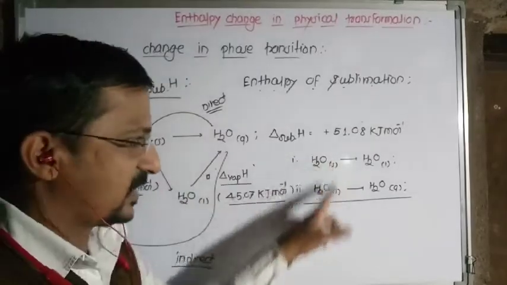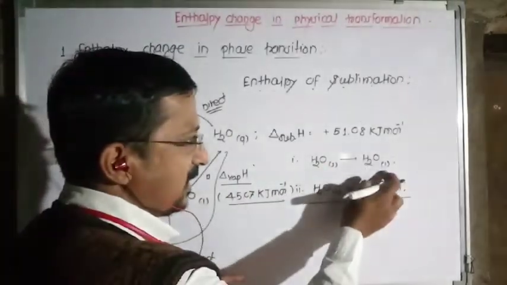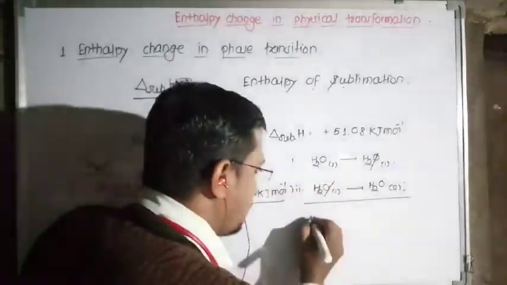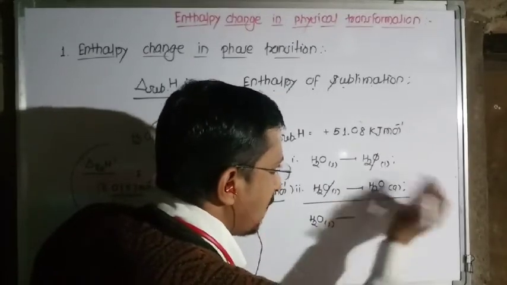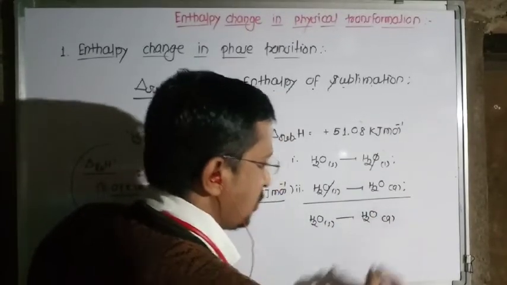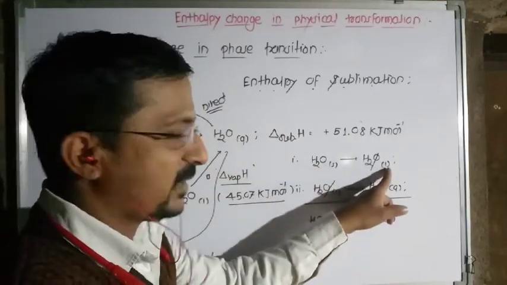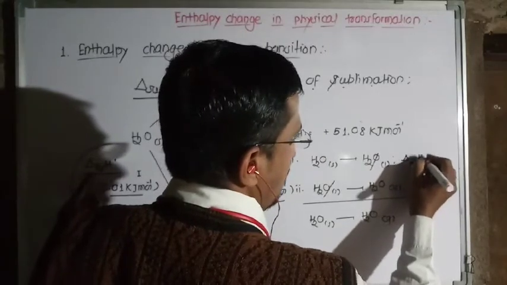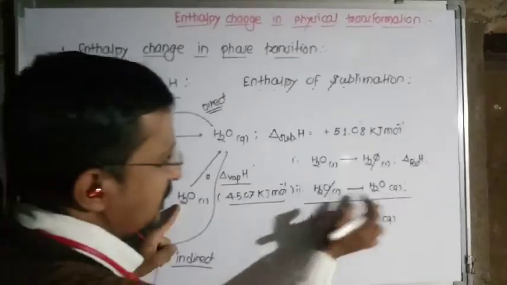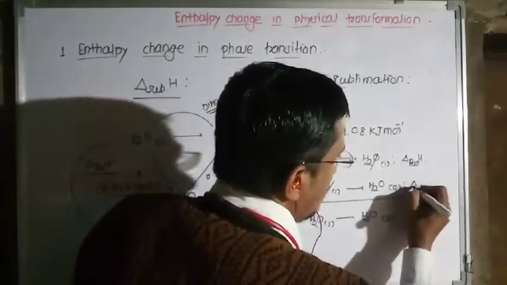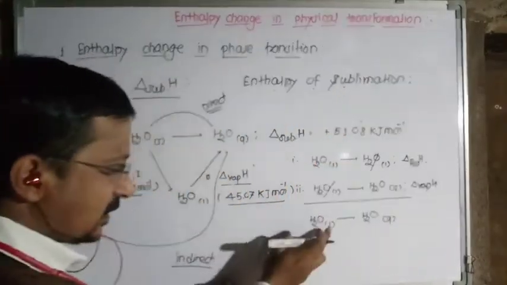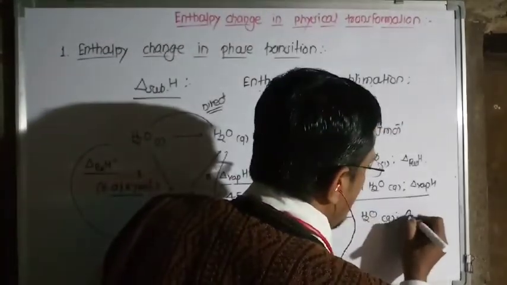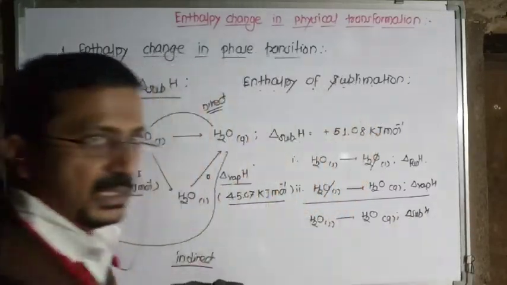If I add these two reactions, H2O liquid is on the right hand side in one and on the left hand side in the other, so it cancels. On the left hand side only H2O solid remains, and on the right hand side H2O gas. So solid to liquid is delta fus H, liquid to gas is delta vap H, and solid to gas is delta sub H. What does it indicate?